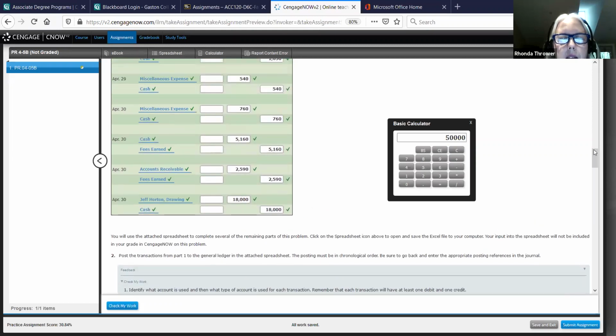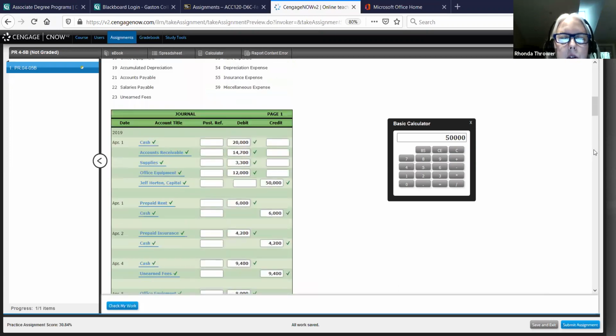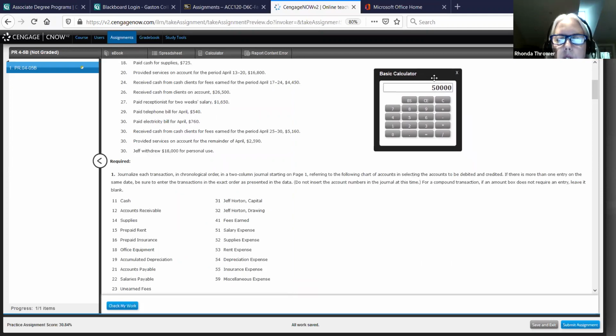And that's the first part for requirement number 1 that they wanted you to do in this problem. So as you can see here, they wanted you to journalize each transaction in chronological order. That means it's by date in the 2-column journal starting on page 1. This is what we did.